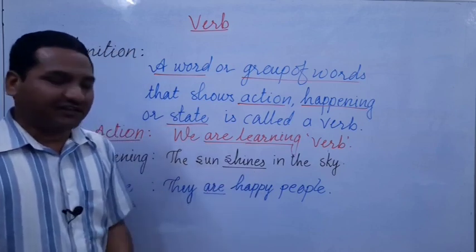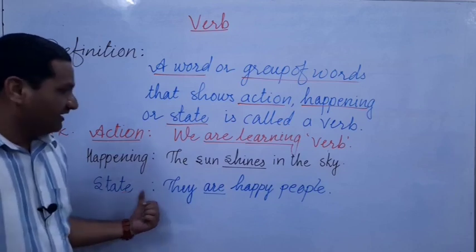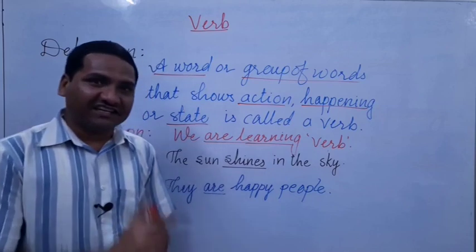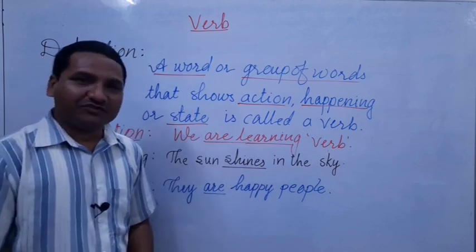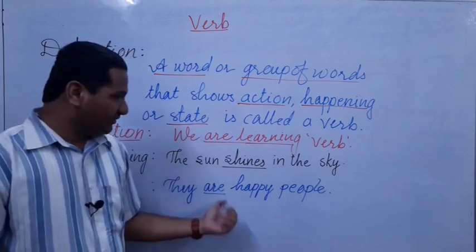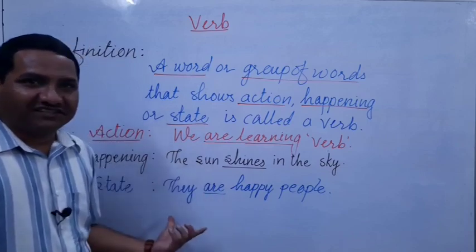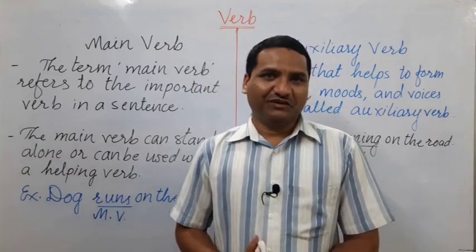It shows happening. And the last sentence of state, they are happy people. In this sentence, are shows happiness of the people. So they are happy people. Are shows state. Now we have to study types of the verb.